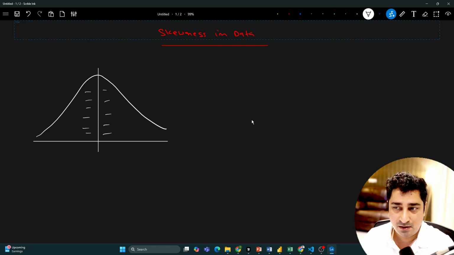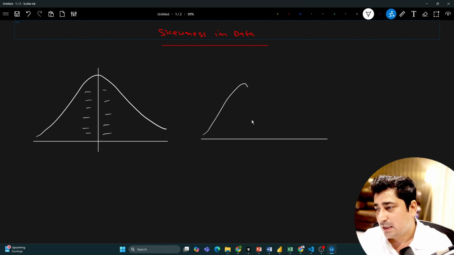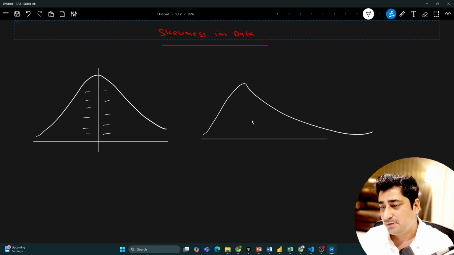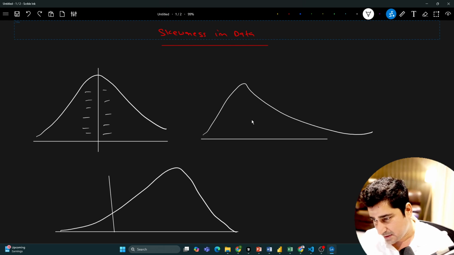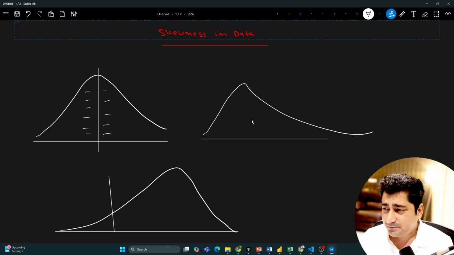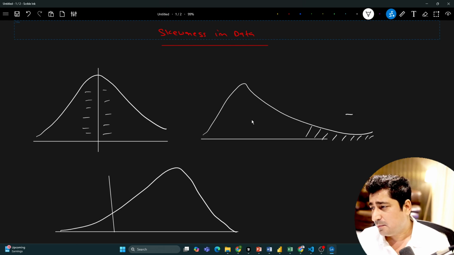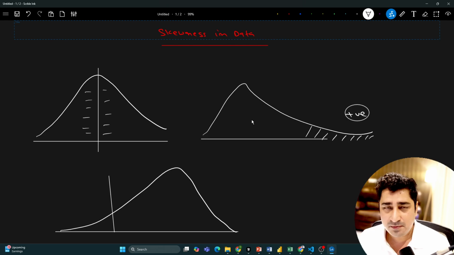A bell-shaped curve, you can say. But sometimes you will see a curve something like this, or sometimes maybe something like this. Some of your data helps this curve get formed on the positive side, so there is a tail on the right-hand side.